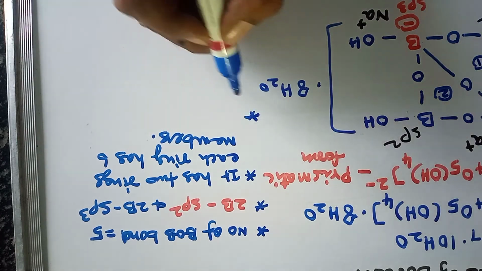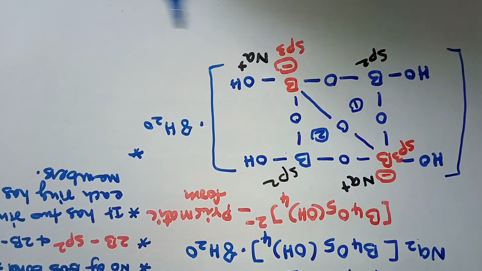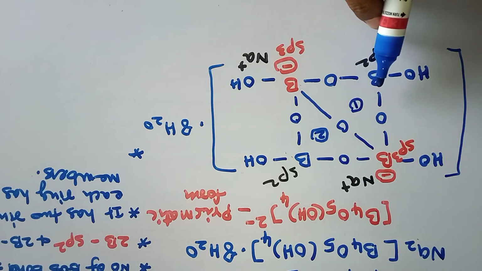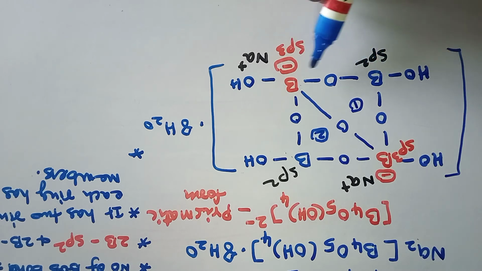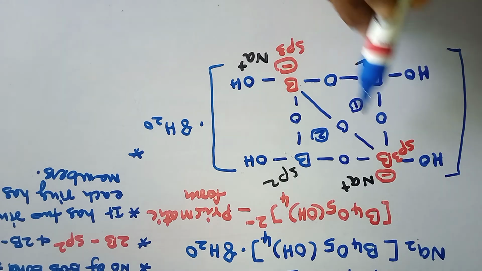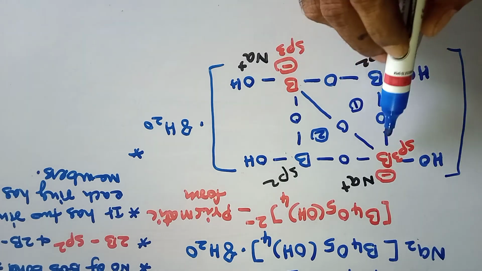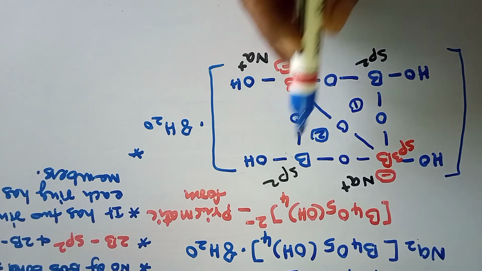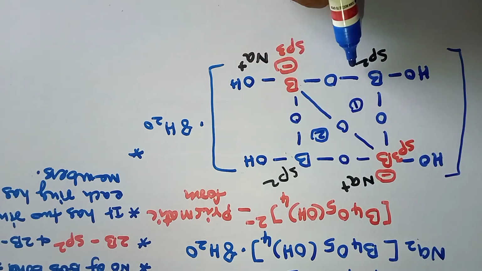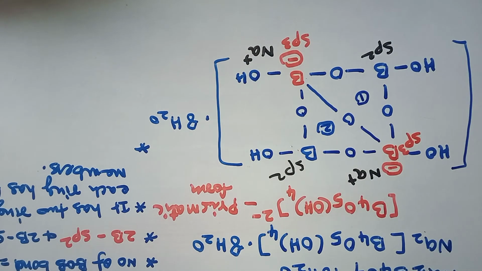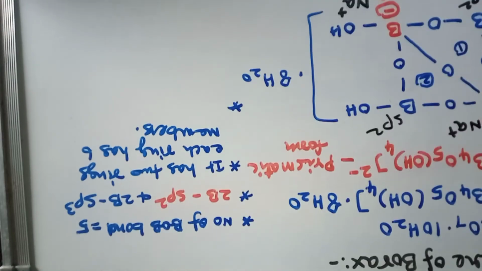Next point, there are 2 tetrahedral and 2 triangular units. The 2 sp3 hybridized borons have a tetrahedral structure. The 2 borons with sp2 hybridization have a triangular structure.